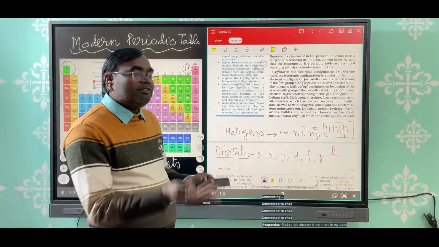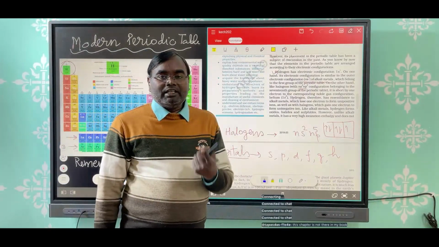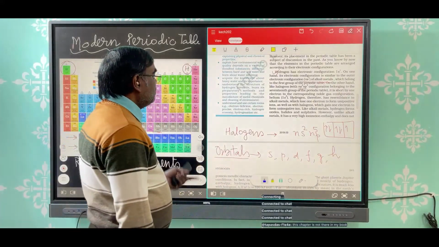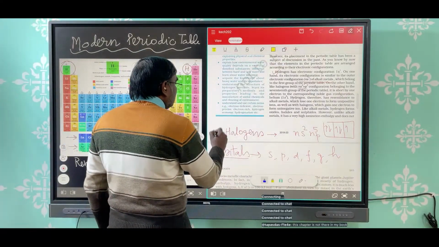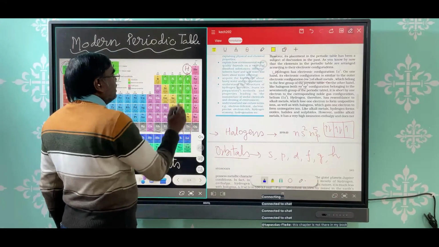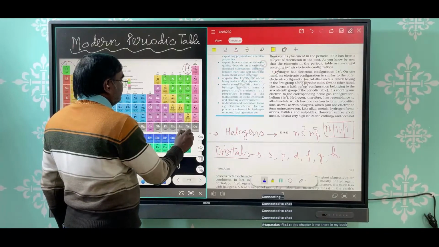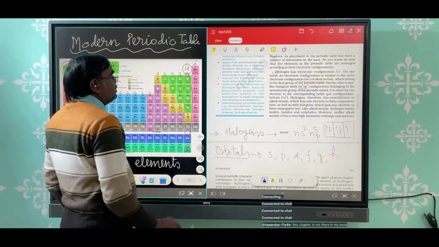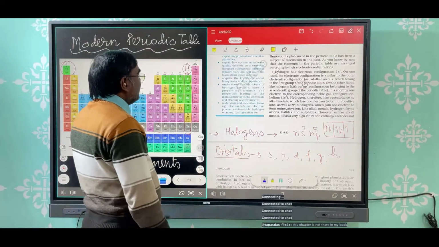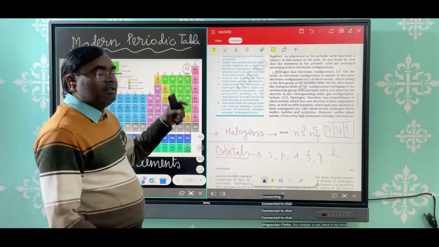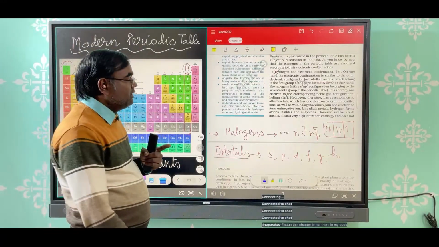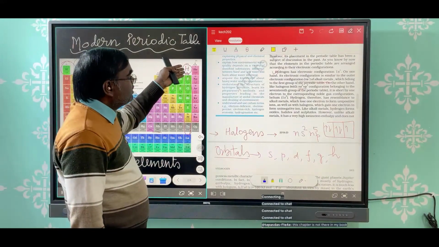That's why it will try to accept a single electron, and that's why the valency is -1. So all the halogens have negative one valency, and hydrogen matches this property. That's why hydrogen is here.